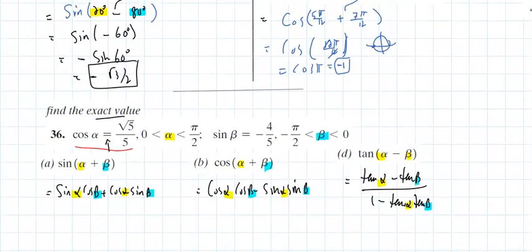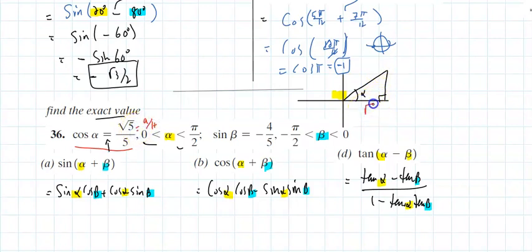We did something like this before. We've done that in the previous sections, right? And especially that the angle is unknown. So if I take this alpha, they're telling me that alpha is in quadrant what? They're stating that alpha is between 0 and pi over 2. So that means alpha is in quadrant 1. If this is alpha, and I know that sine is the opposite over the hypotenuse.